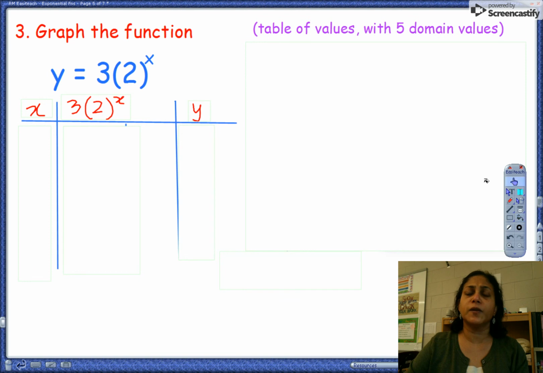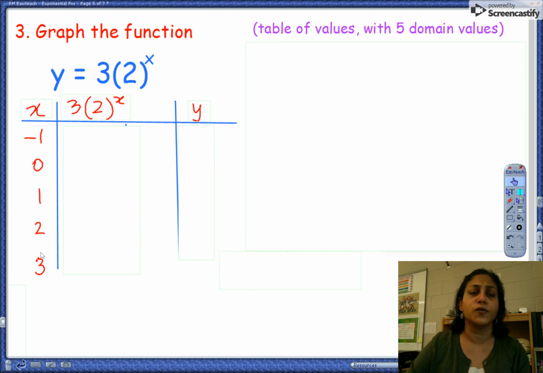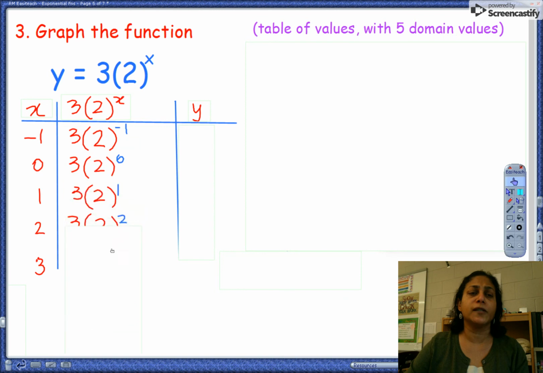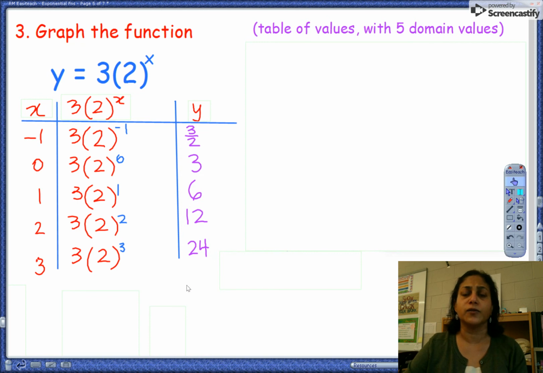Because this is a little bit complicated, I chose these numbers, and you can choose these numbers as well. Just one negative number, the zero, so we can find the y-intercept, and a few positive numbers. You want to do the math carefully and slowly, and it turns out that these are our y values.